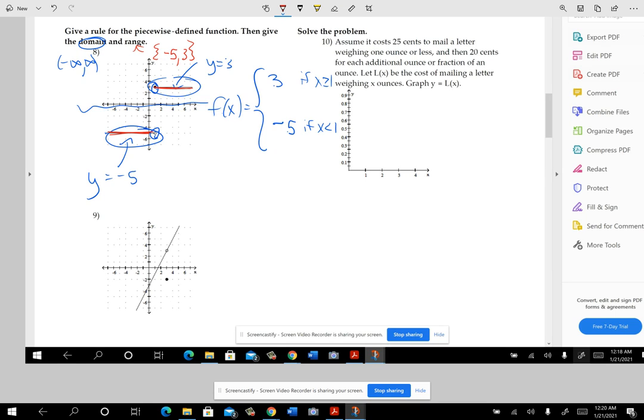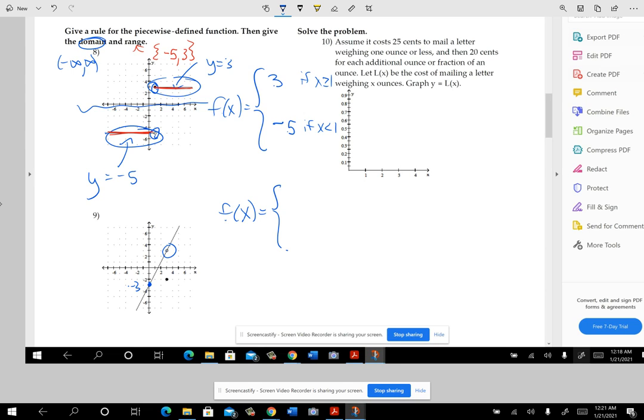All right, let's look at number 9. On number 9, I see this hole right here, and I see this being redefined. So one of the things you might do initially is think of it like a line, and try to figure out the equation for that line. It looks like it has a y-intercept of -3. Then you could count to find your slope.